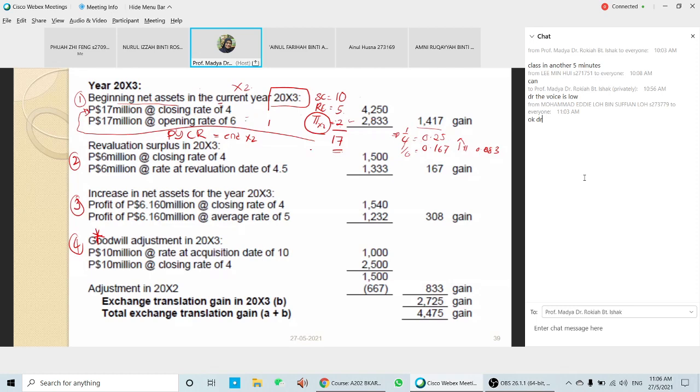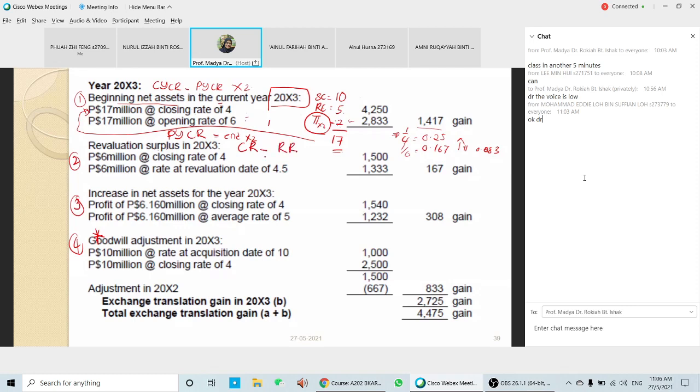Okay, that's another way. And then for the beginning net asset, we're going to compare with the current year closing rate minus the prior year closing rate, or using a beginning balance, same thing. And then for revaluation surplus, we're going to compare between closing rate and revaluation rate.